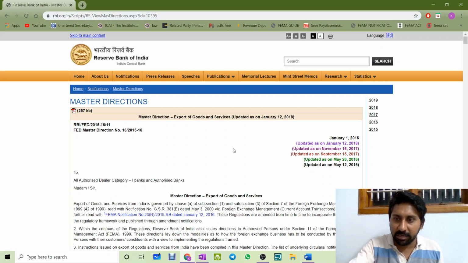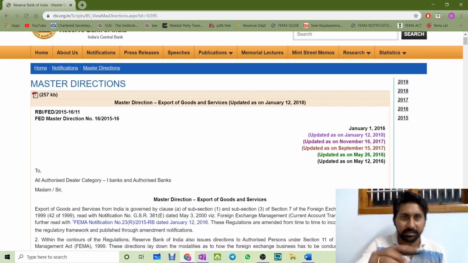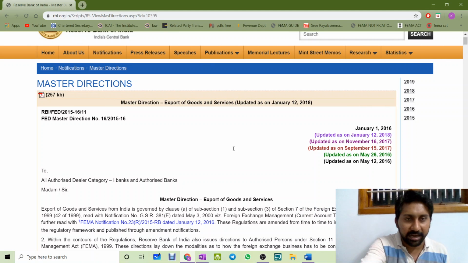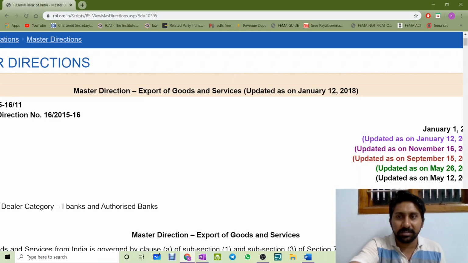This is the official RBI website. Master directions. You can see here master directions. Okay. Master direction, export of goods and services.